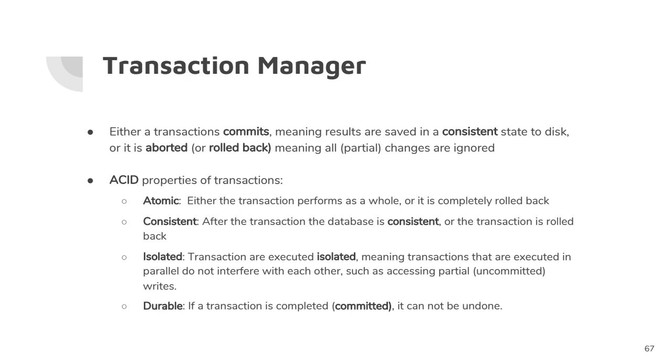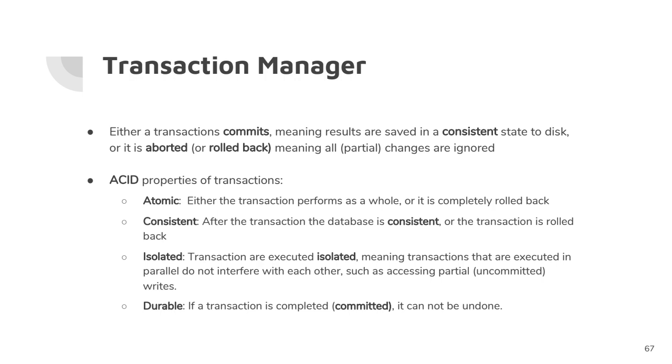And so we call that ACID. ACID summarizes the properties of the transactions. The first one is atomic. Either the transaction performs as a whole or it's completely undone. Consistent means that after the transaction is executed, the database is left in a consistent state, meaning, for instance, all foreign keys are still valid and so on.